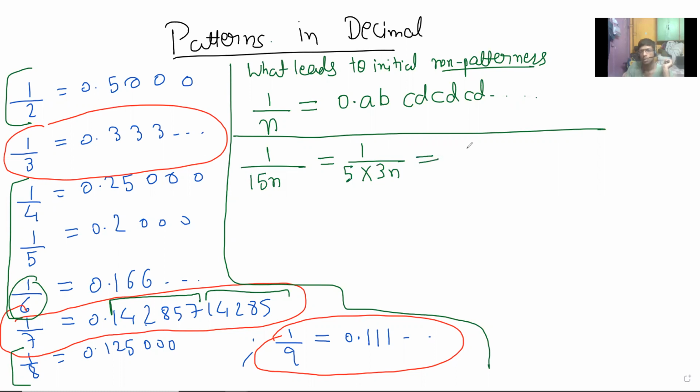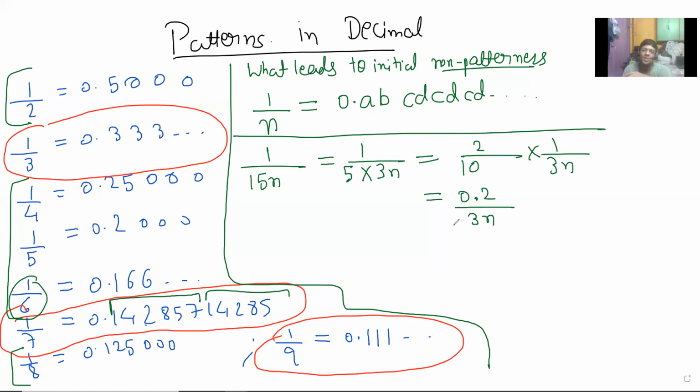So maybe I can do 2 by 10 times 1 by 3n, right? And what does this become? This becomes 0.2 times 1 by 3n.